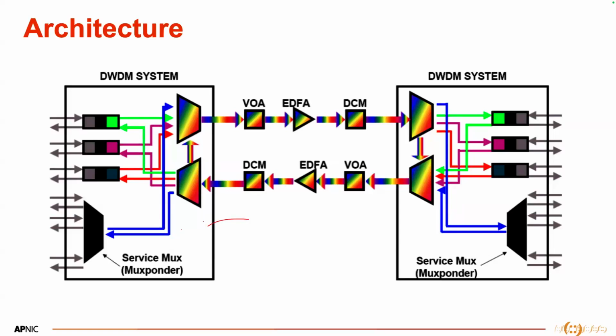Now it can be any vendor, and they can have different names for different card functionality. Vendor A can name their OTU card A, vendor B can name theirs B, but both cards are doing the same thing. The OTU cards convert the lambda from color to gray and gray to color, and they transmit the wavelength.